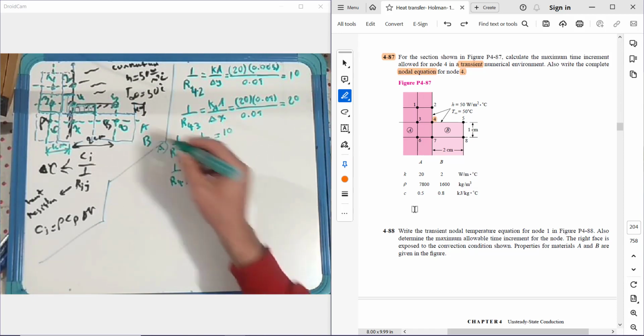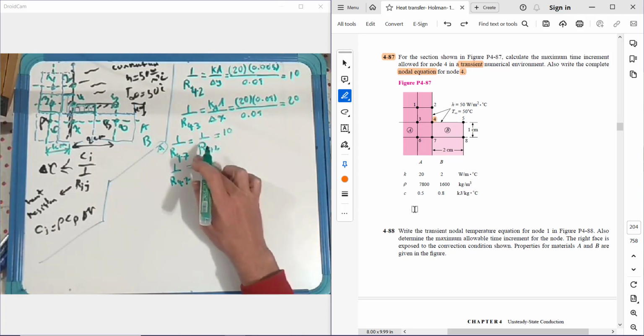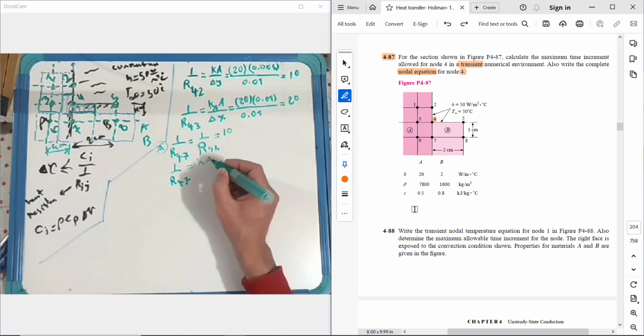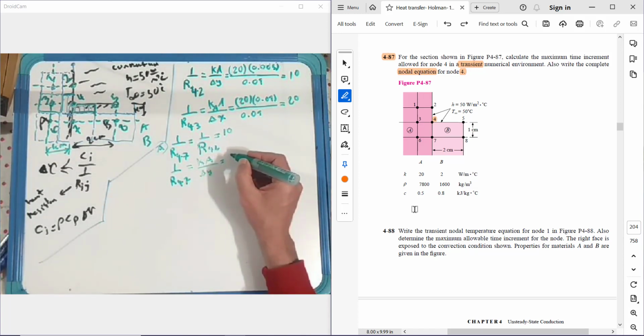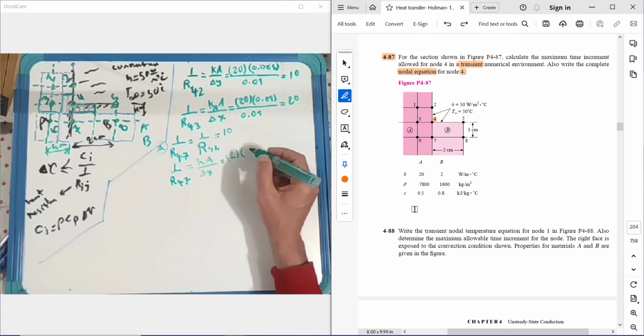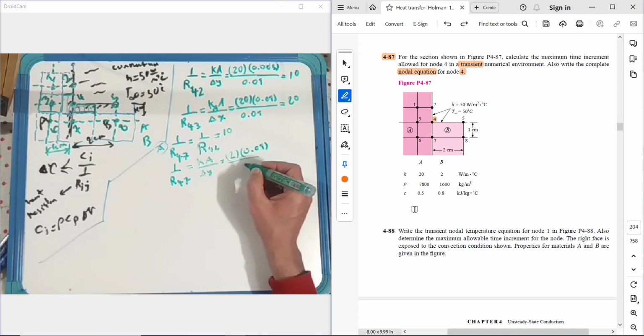Another section is k A over delta Y, where k is for material B, which is 2, and A is 1 centimeter, and delta Y is 2 centimeters.